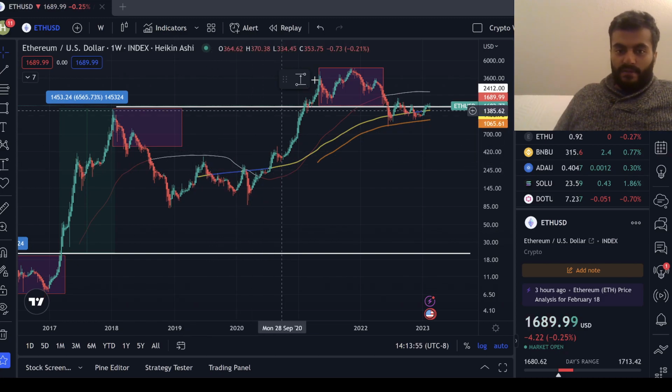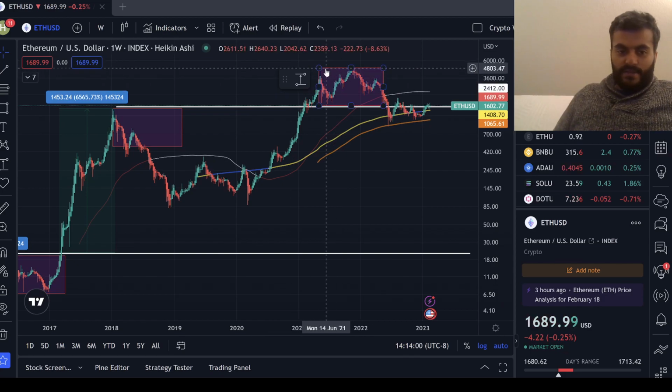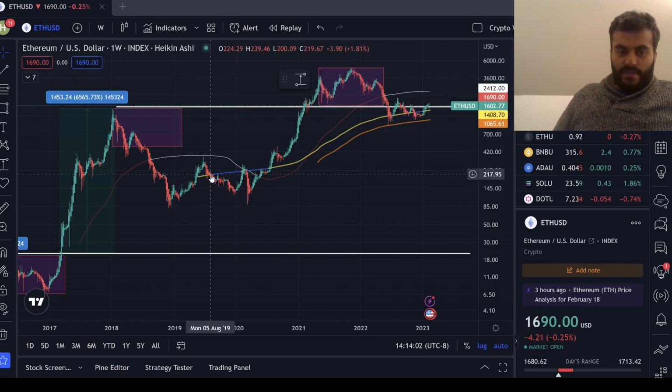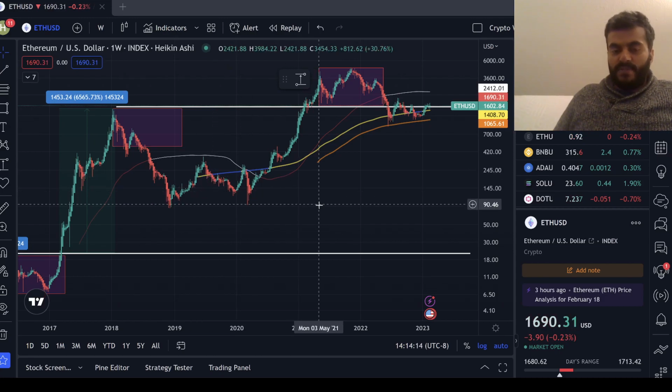Considering Ethereum went up to almost $4,800 after barely 2 years from that point, using this line as an indicator, the investor in hindsight could have made a 24x return on their investment.